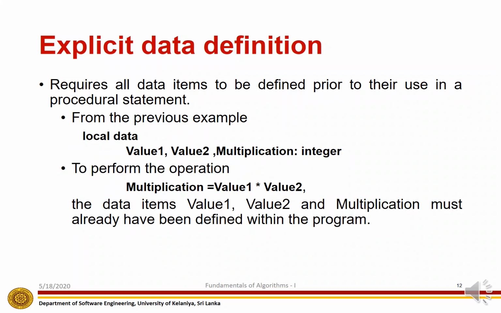All are integers. After that, in the procedure, we used an equation, multiplication equals value1 asterisk value2, which gives the multiplication of two values. Before using that equation, we must define value1, value2 and multiplication, as we have done.